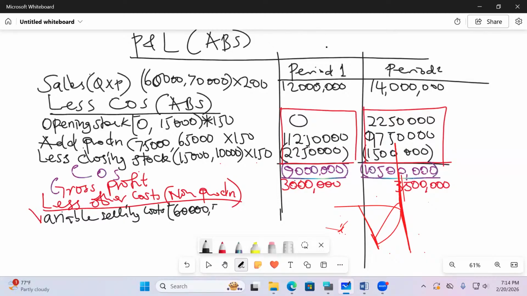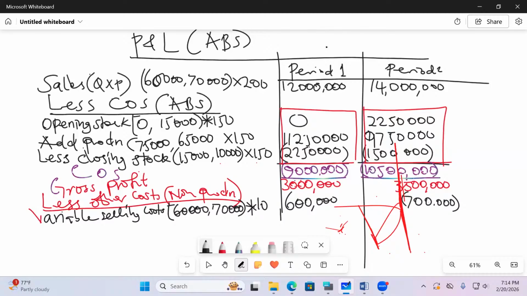And then 70,000. And do we know the variable selling cost per unit? 10. So this will end up giving me 600,000 and 700,000.